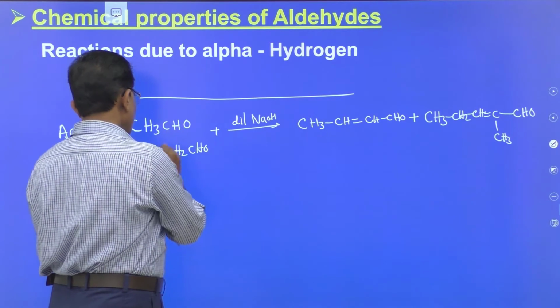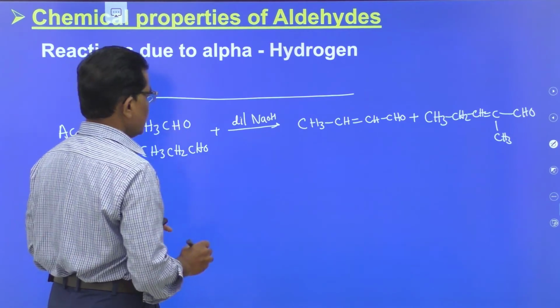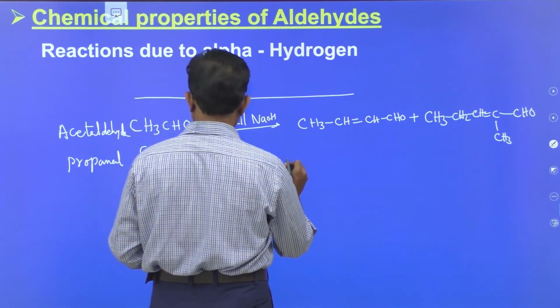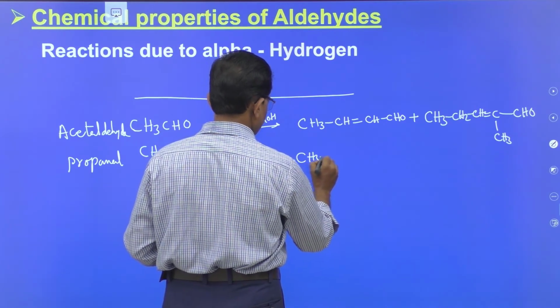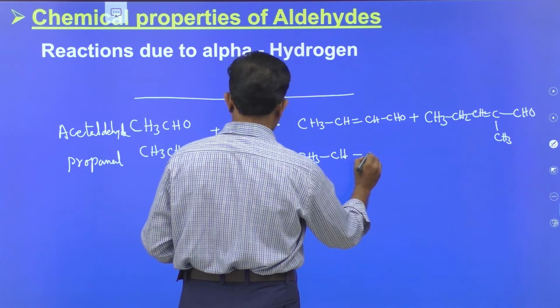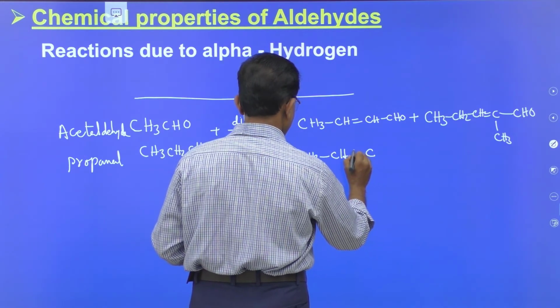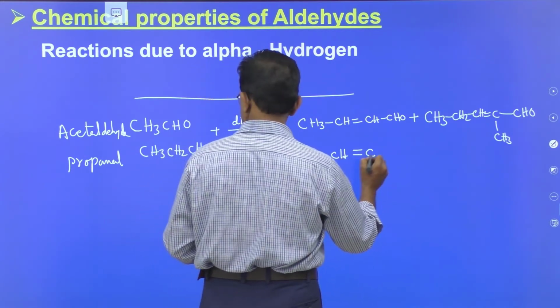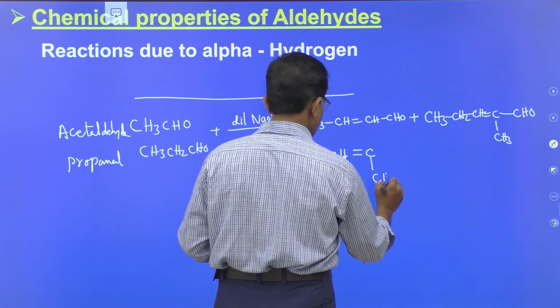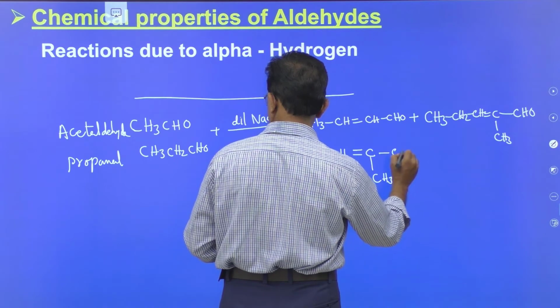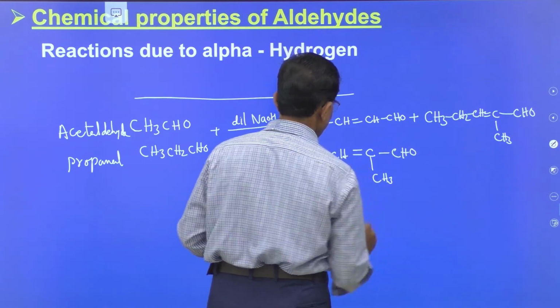Suppose acetaldehyde and propanaldehyde both react, then what will happen here? CH3 CH double bond C CH3 CHO is formed.